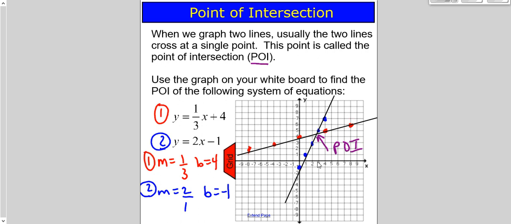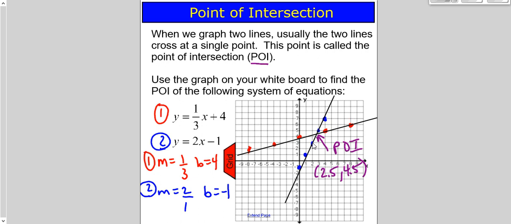It looks like it's almost 3, but not quite. So maybe 2.5 and 4.5. That's where it looks like it is to me, kind of 2.5 and 4.5. Take a look on yours. Maybe it's a little bit clearer. But yeah, that's where I get my point of intersection to be.